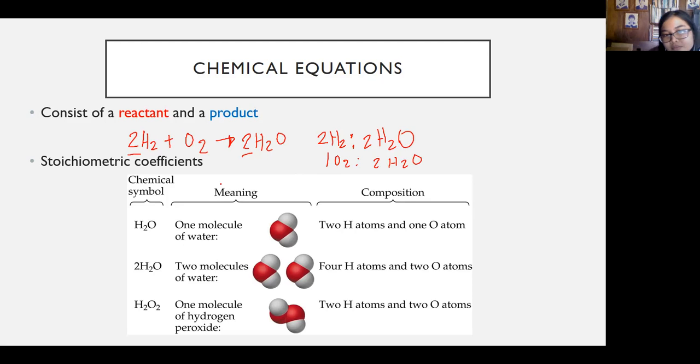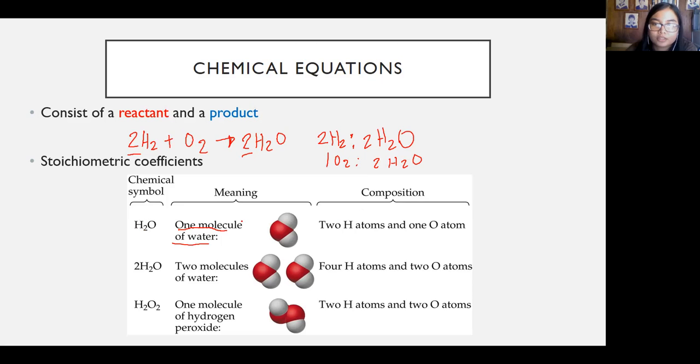So, we must be also familiar with the chemical symbol, ano bang meaning nila, and what is its composition. So, for the example, we have here chemical symbol of water, H2O. Since wala ka nakikitang number or integer before, this means that you only have 1 molecule of water. Parang given na siya, equivalent na siya sa 1.